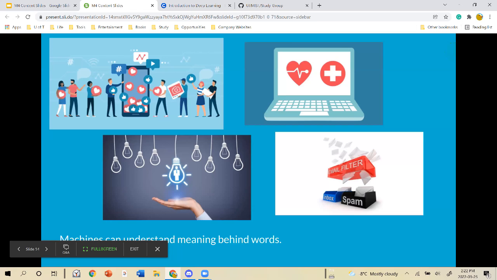So I've also put a few examples here. First of all, natural language processing is trying to make machines understand the meaning behind words, right?